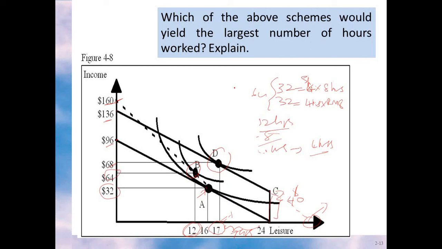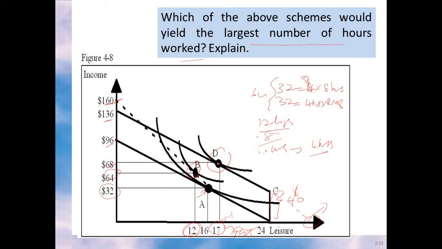So if the question asks which of the above schemes would yield the largest number of hours worked, of course the answer will be scheme B, because in scheme B the workers work 12 hours. But if you offer scheme C, because you think that with that scheme the workers will work more, actually it is wrong.